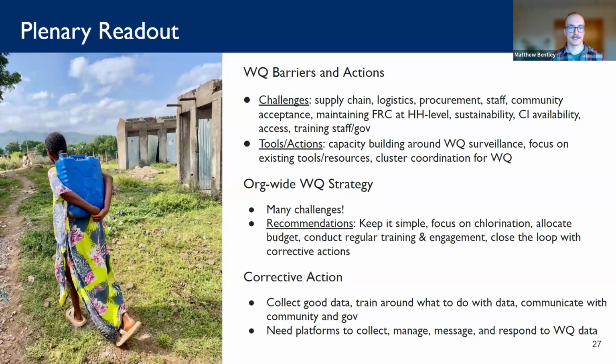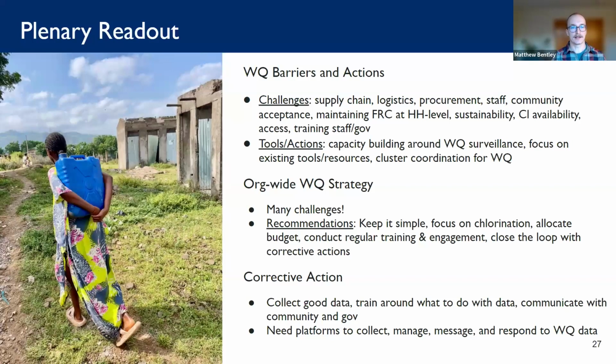It's important to allocate appropriate budget to make sure that this actually happens, because if we don't budget for water quality surveillance, it's not going to happen, and we won't be able to collect that data. Conducting regular training and engagement came up as well.